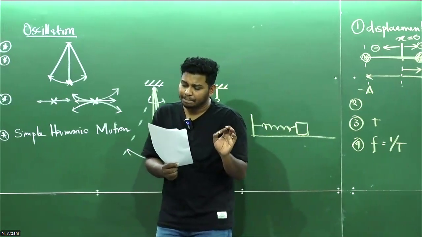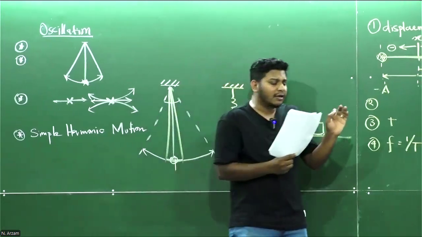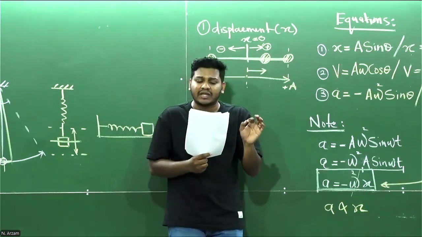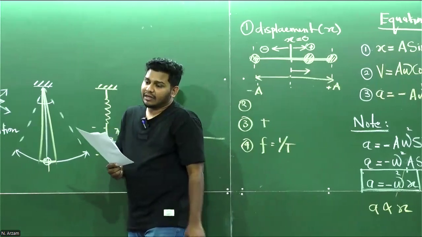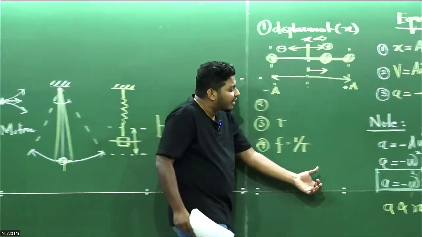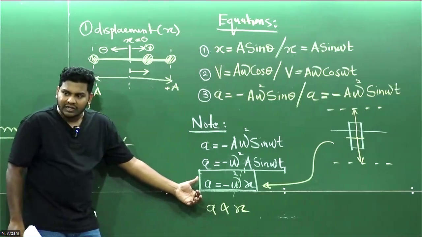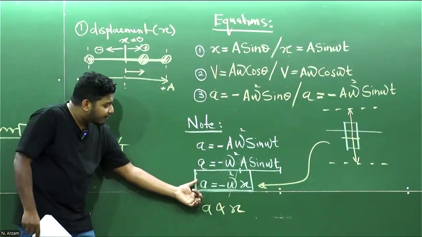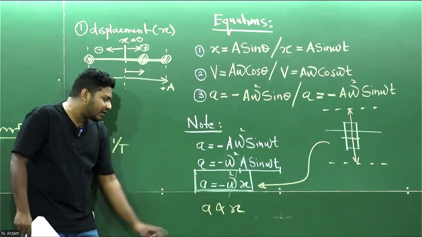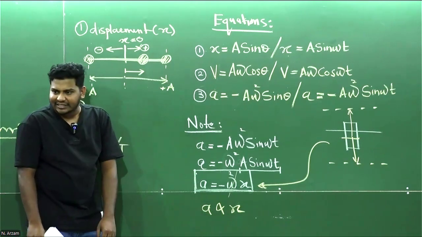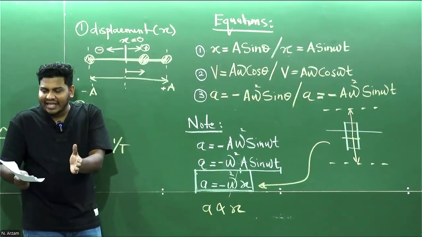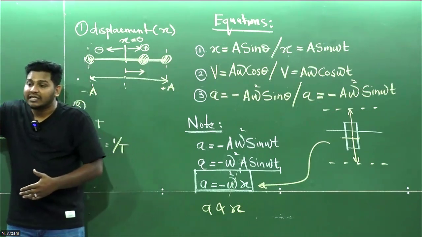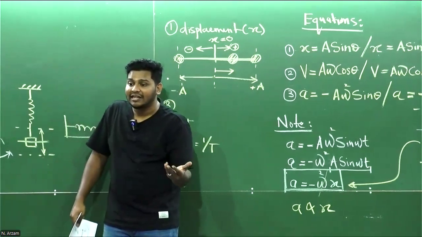Its magnitude being directly proportional to the distance from the same point. Look at this one. If the omega square is constant, the magnitude of the acceleration is proportional to x. That means the acceleration is proportional to the displacement. If the displacement is high, the acceleration is high.